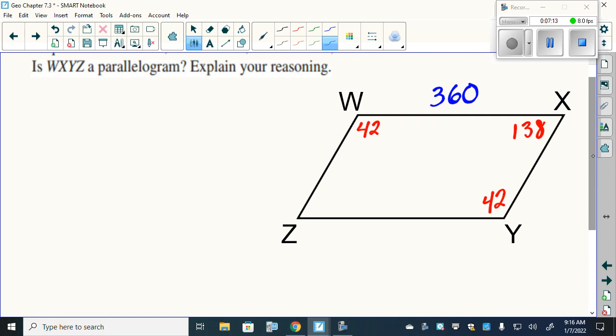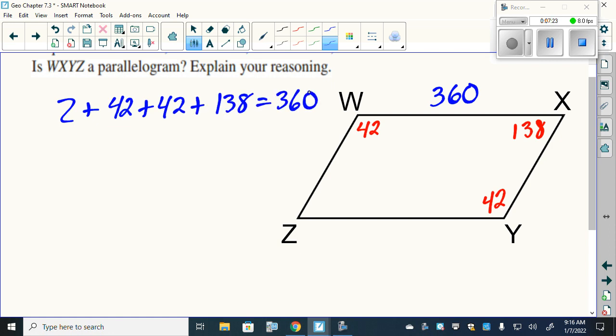So what we can say is that angle Z plus 42 plus 42 plus 138 is 360. Now, if it does work out that this is 138 degrees, then it would be a parallelogram because the opposite angles would be congruent.